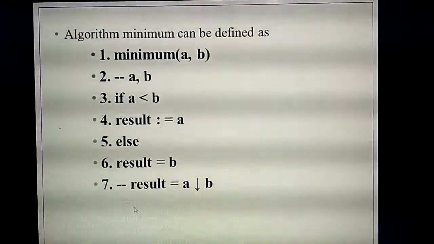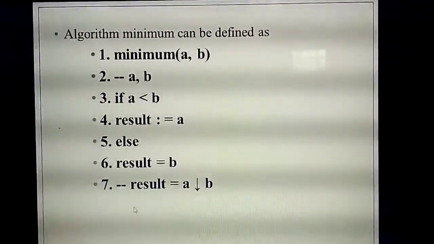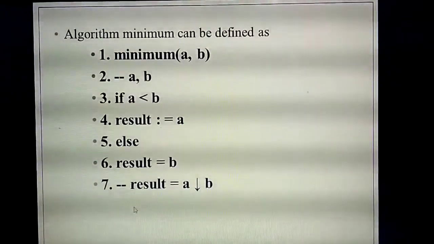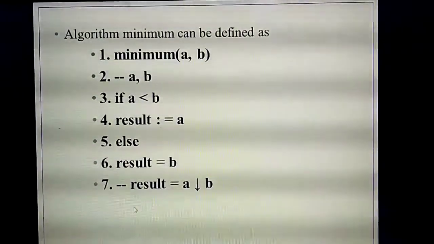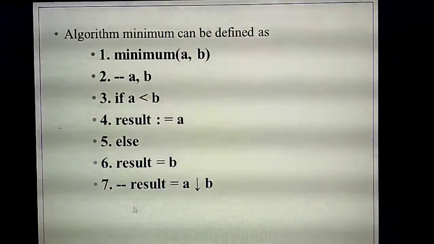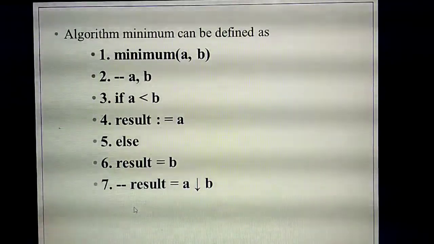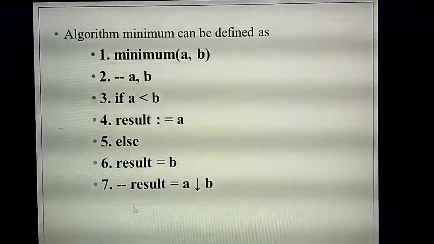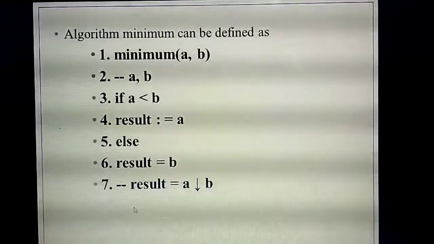In the last class I explained about if and else. What do you mean by if and else? If one condition is there, if the condition is satisfied, if the condition is true, the if block will execute, or whatever statements you have given inside the true block will display.